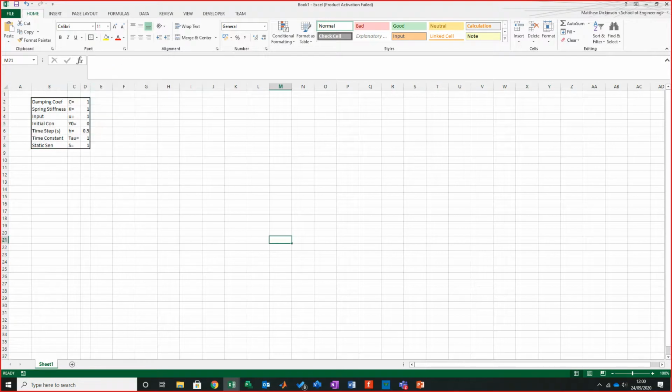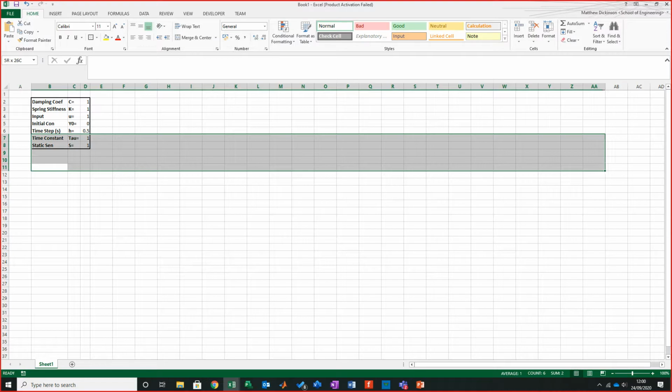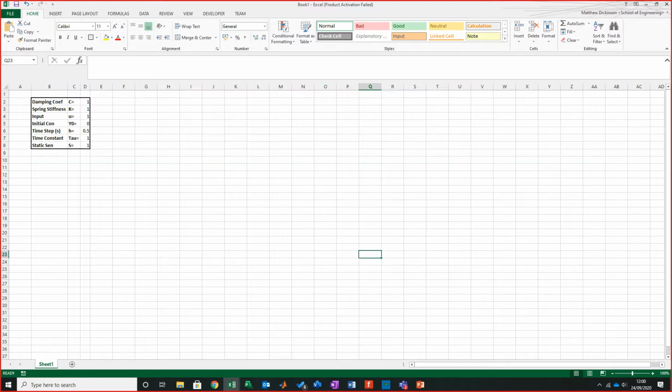What I've always done, personally, is always put borders around to tell me where constants will lie. This is my system and these will be my constants as I'm going through. These won't ever change. However, as I'm running through with columns, this will change more and more as I'm going through.